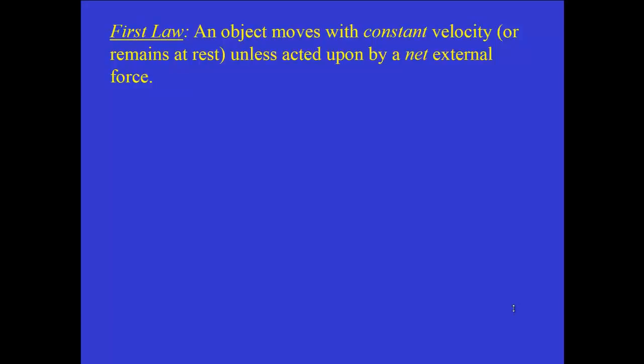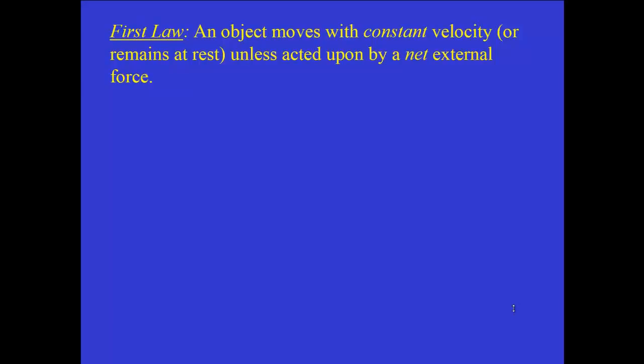So the first law, one way to state it is to say that an object moves with a constant velocity or remains at rest, which is simply a situation of velocity equal to zero, unless it's acted upon by a net external force. Now, what do we mean by a force? Another word for a force is an influence or an interaction that one agent brings about upon another object.